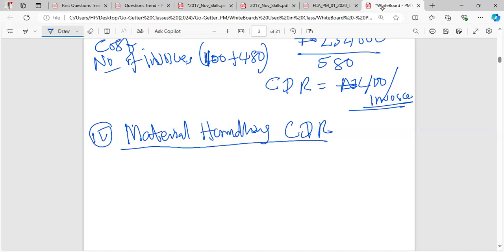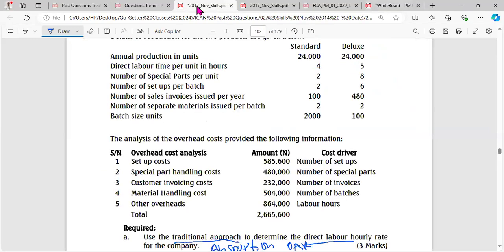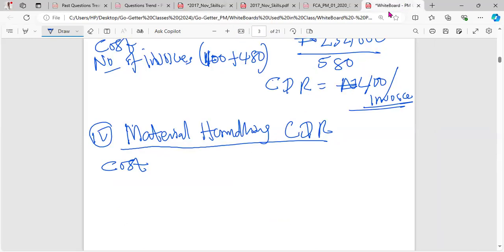Okay, so how do we do that? We look for the cost. What does it cost us? It cost us 504. So we have costs 504.